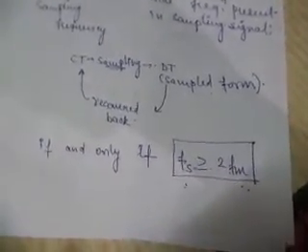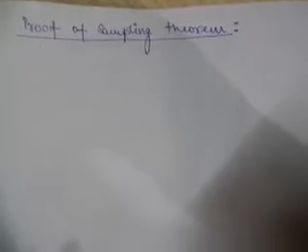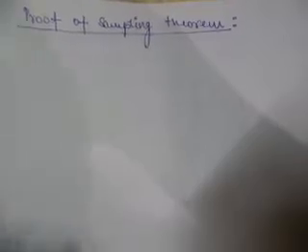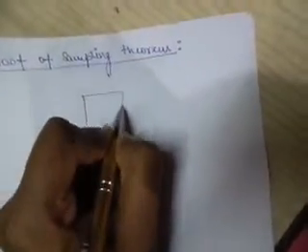So this is all about the sampling theorem. Now we come to the proof of sampling theorem. Before starting the proof of sampling theorem, we should know how to represent all this thing which you have studied.